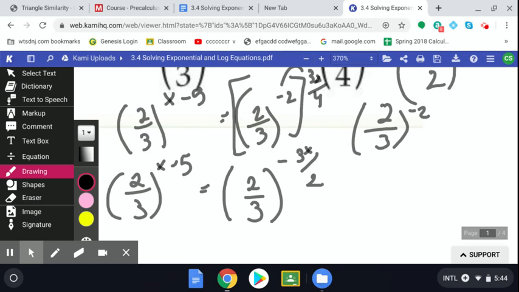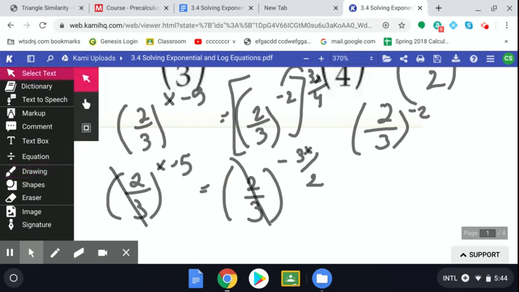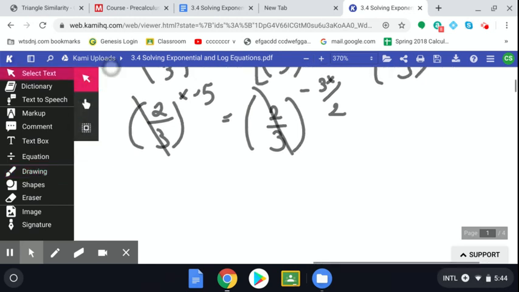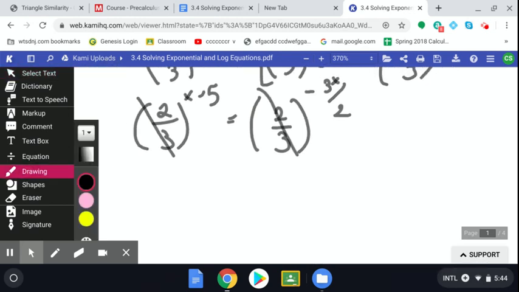Once I have that, I can just cross out the bases because they're the same. So now I can say that x minus 5 is equal to negative 3x over 2.